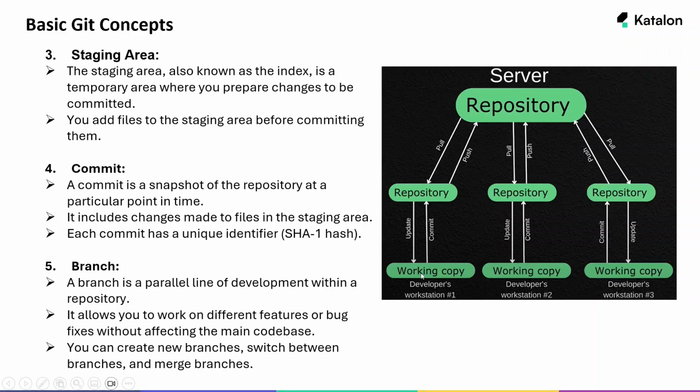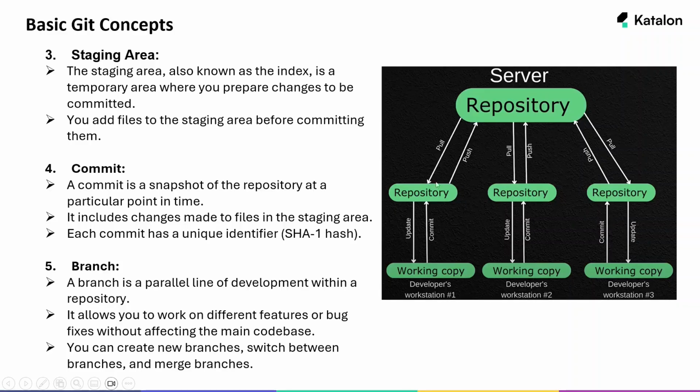So this particular team is working on this parallel repository. This particular team can work on this parallel repository, right? And this team commits the changes to this repository, and this team commits the changes to this repository. So this way they are working on their own repositories.